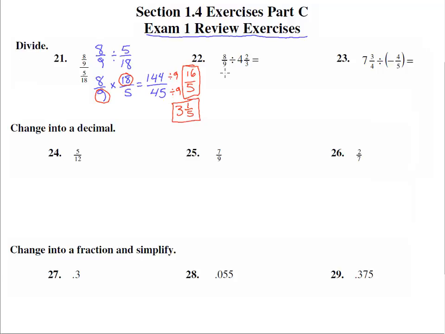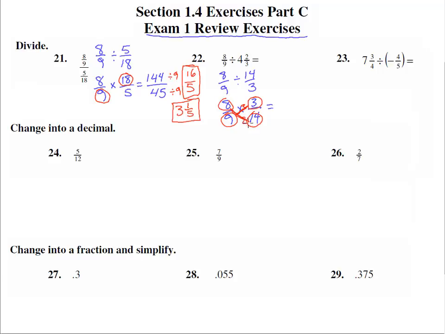Next one, 8/9 divided by 4 2/3 is the same as 8/9 divided by, change this mixed number into an improper fraction. 3 times 4 is 12, plus 2 is 14, 14/3. So that's the same as 8/9 times 3/14 equals, and let's see, we know we're going to be able to simplify once we multiply them out, because here's a 3 and a 3 goes into there, so we're going to be able to divide by a 3, and there's going to be a 2 goes into those two.